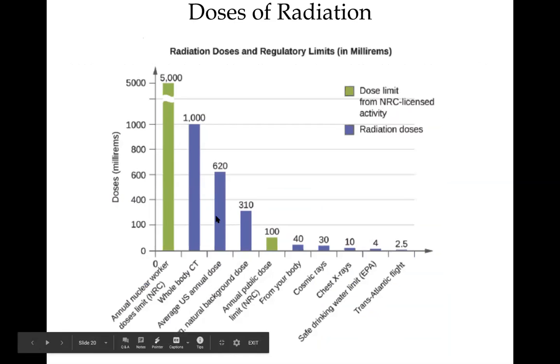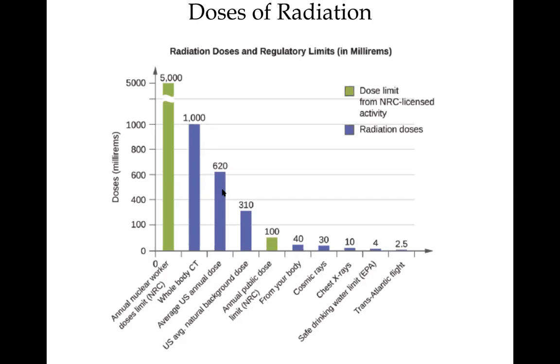Average US annual dose is only 602 millirems. So far below the threshold of what would or should alter your blood chemically, right?